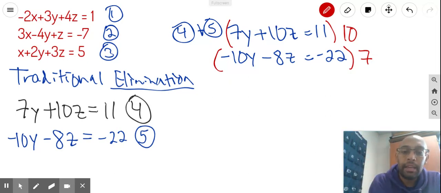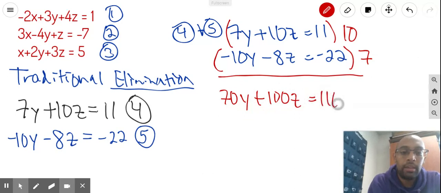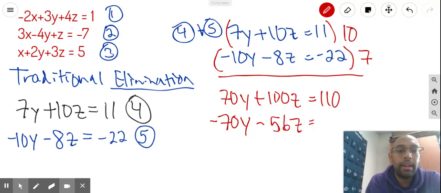So rewriting this, I have 70y plus 100z equals 110. And then I have negative 70y minus 56z equals, and then negative 22 times 7 is, 7 times 2 is 14, carry 1, negative 154.